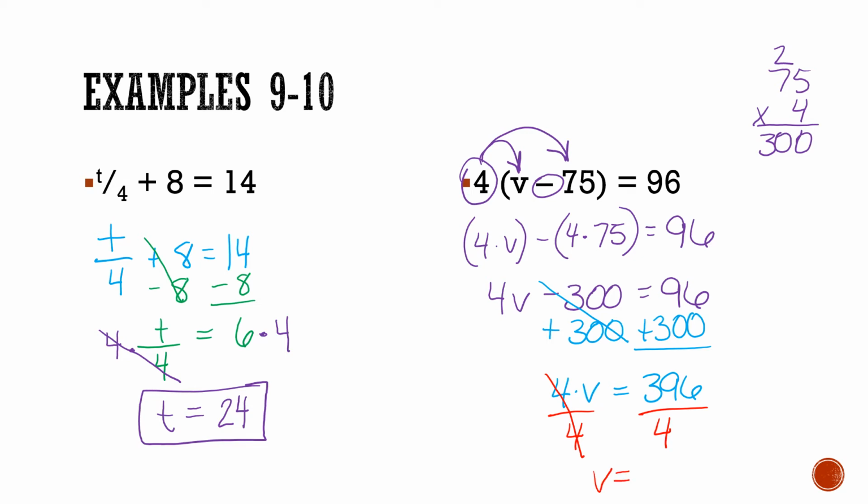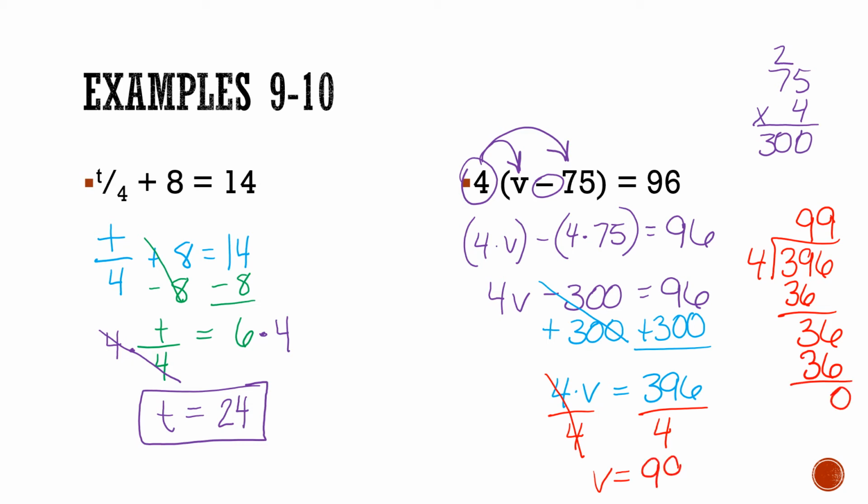So that leaves us with v equals, and we need to divide 396 divided by 4. 4 times 9 is 36 with 3 left over. 4 into 36 is 9, which gives us 36 again with a remainder of 0. So v equals 99.